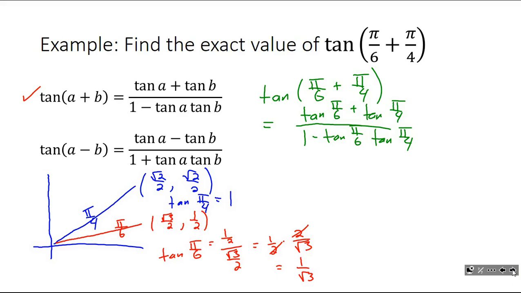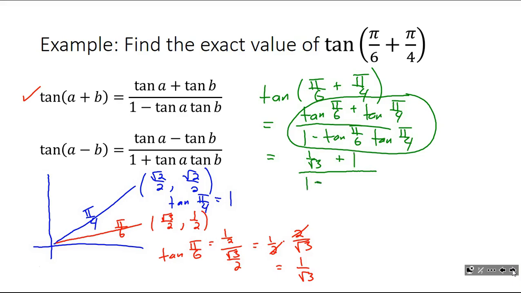So I'll come back over here, and I'll just take the time to plug these values in. So I'm looking at this formula here and plugging in the values we've obtained. Tangent of pi over 6 is 1 over square root of 3. And then the tangent of pi over 4 is 1.